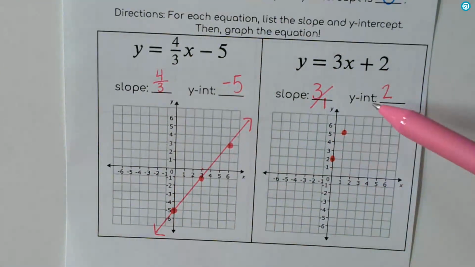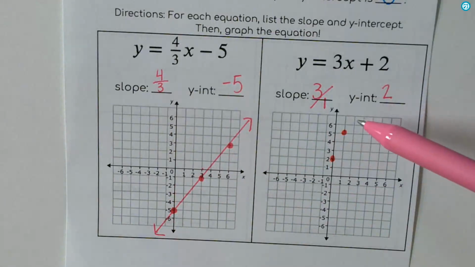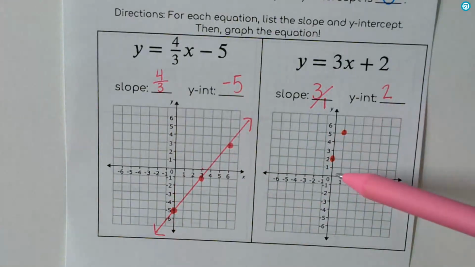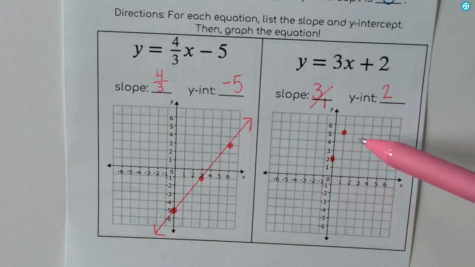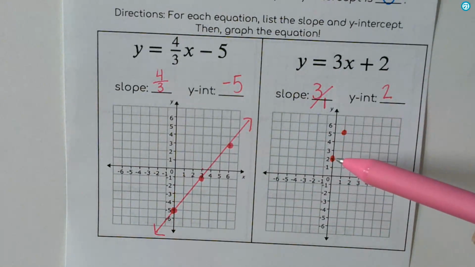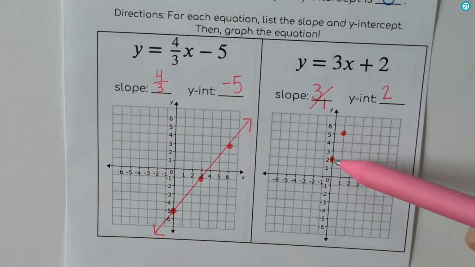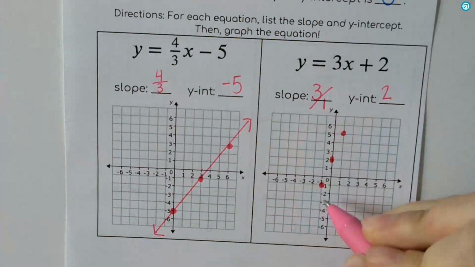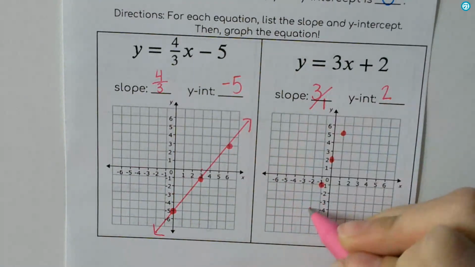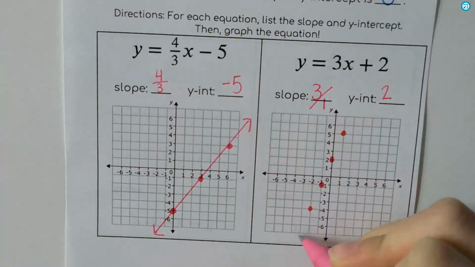What could I do then? Go to the left. So if I'm going up and to the right, if I want to go the other direction, I have to reverse them both. So I'm going to go down 3, left 1. And I can also do that, and I should do that as far as I can. Down 3, left 1. I can do one more. Down 3, left 1.